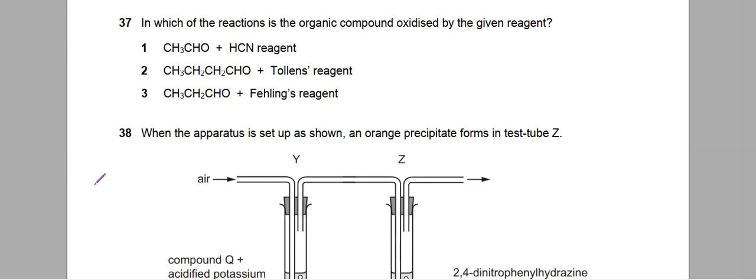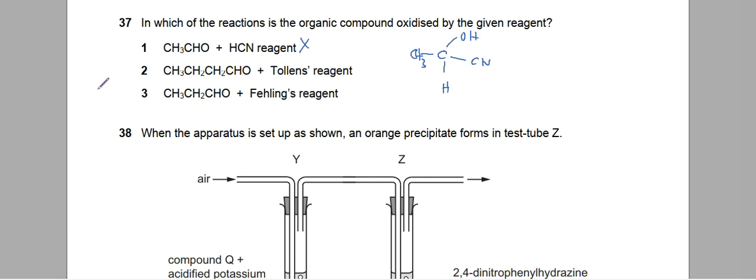37. In which reaction is the organic compound oxidized by the given reagent? This one is not oxidation. The product is hydroxynitrile, so it's added with the OH group and the CN group.